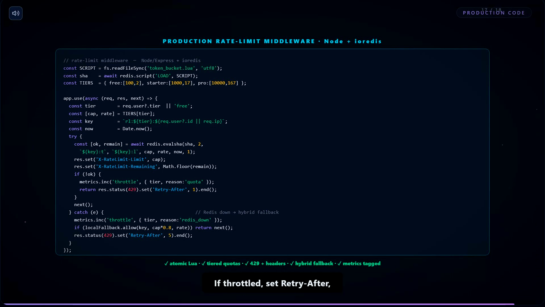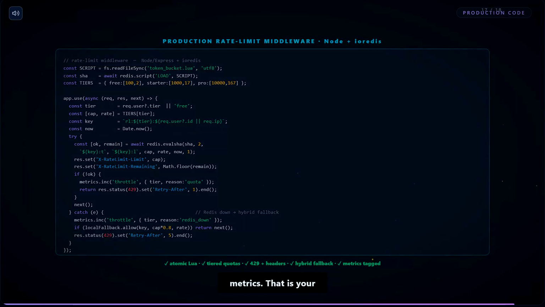If throttled, set retry-after, write a 429 JSON body with the dimension that fired, emit a metric tagged with user, route, and reason, and return without calling next. Wrap the whole thing in a try-catch, on Redis error, fall back to the local in-process limiter and log the bypass. 20 lines that handle the happy path, the failure path, the headers, and the metrics. That is your interview deliverable, fully runnable.